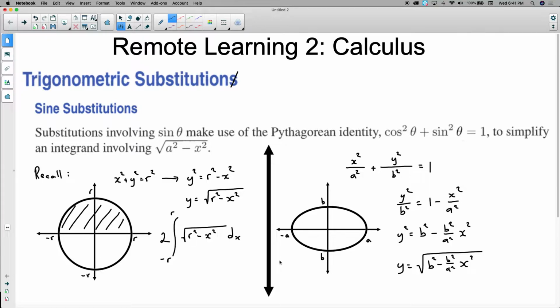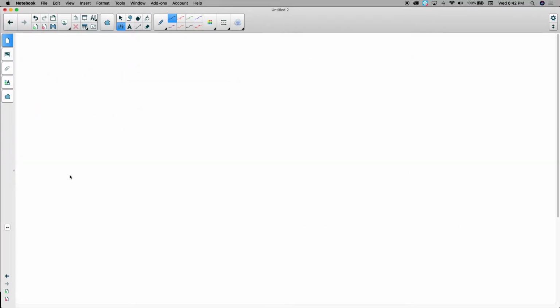There you have it. I think it is time to roll into a sample and show you what's up with this substitution involving sine theta. Okay, then here we go. I'm going to do an integral, and the integral is going to involve that algebraic structure. I'm going to put it down here on the bottom.